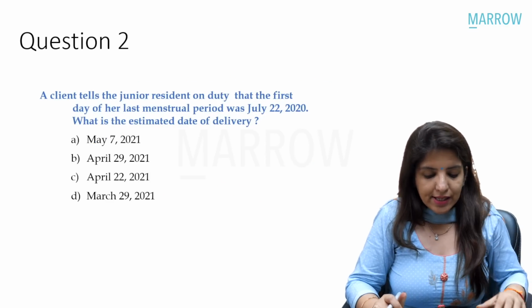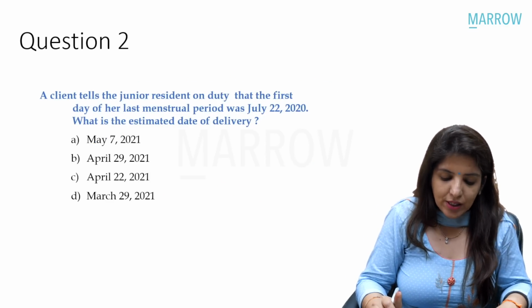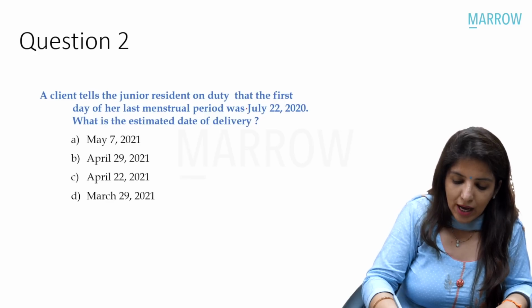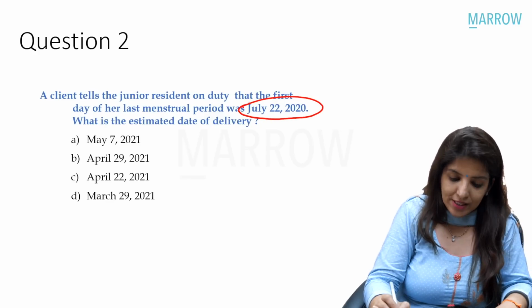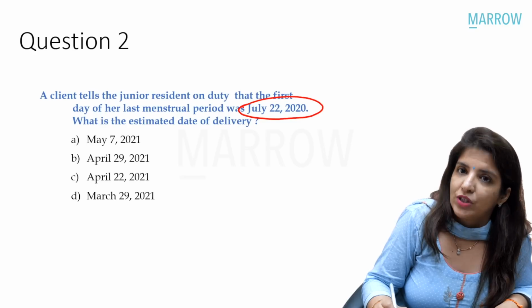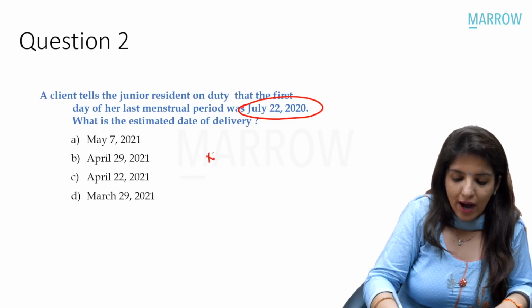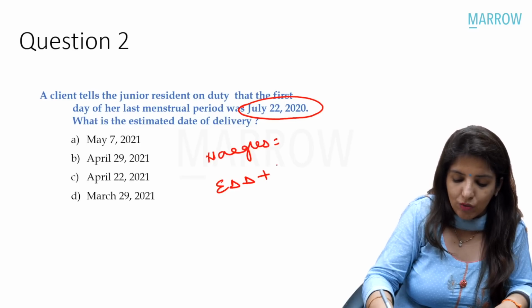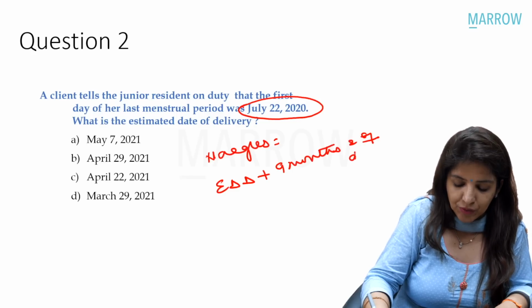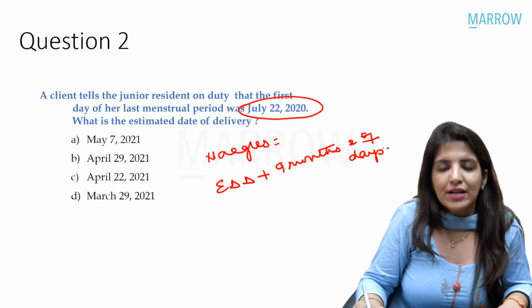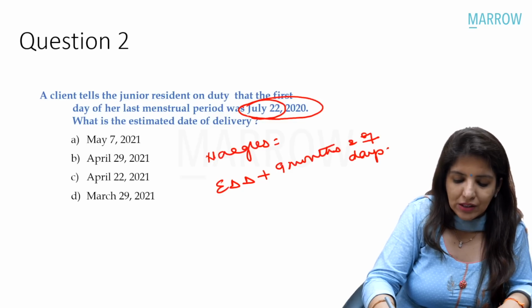Next is, a client tells the junior resident on duty that the first day of her LMP was July 22nd, 2020. What is the estimated date of delivery? Now, whenever you have to calculate the estimated date of delivery, you have to use Naegele's rule, and Naegele's rule says that to the LMP you add 9 months and 7 days, right? Now, 9 months should be added to whatever month they have given you.